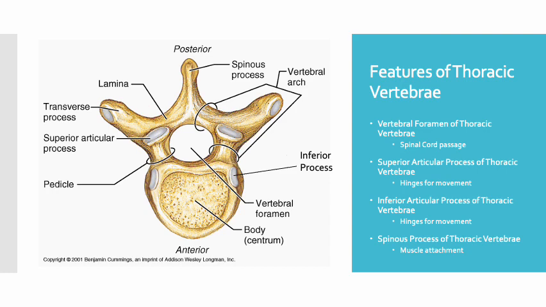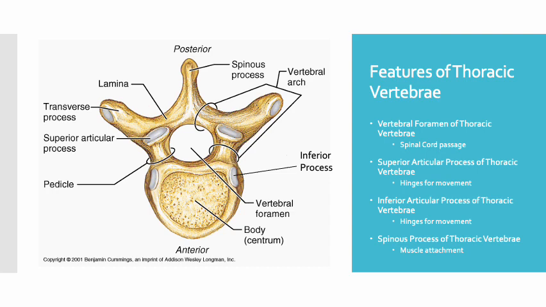Thinking back, the cervical had 2 little processes coming off for the spinous process. The thoracic only has 1. It does have a spinous process, and it is on the back, but there's only 1 little projection. This is an anterior view, so this is a bottom-up view of the thoracic vertebrae. You will notice that it has the vertebral foramen, again for the spinal cord to pass through, but there are no transverse foramens.